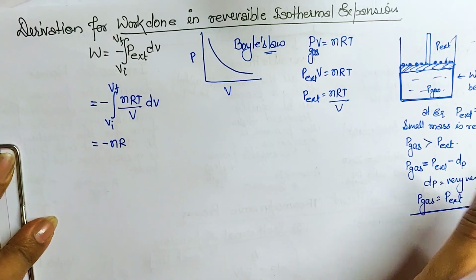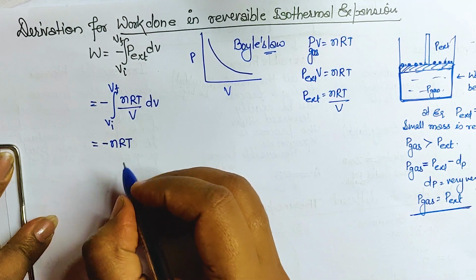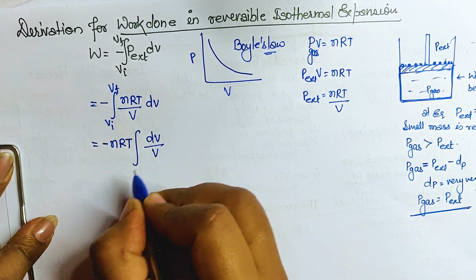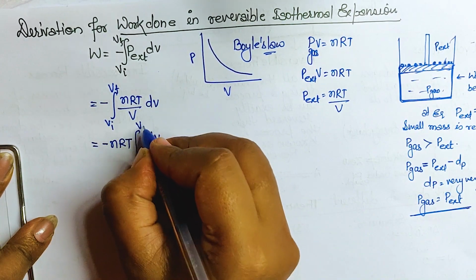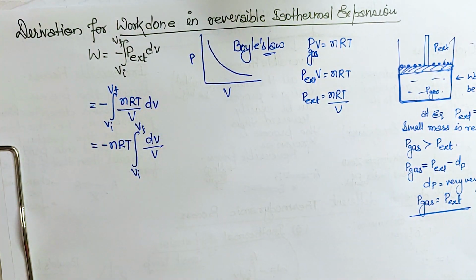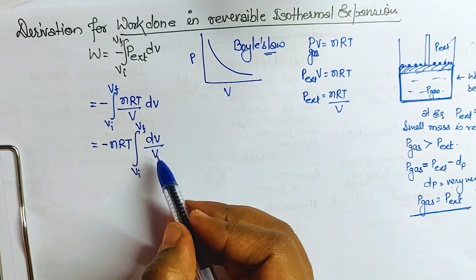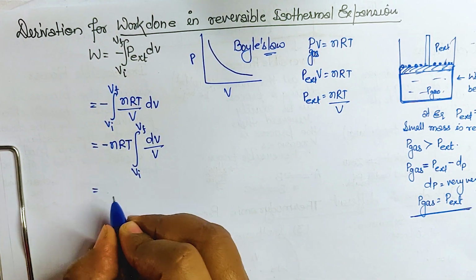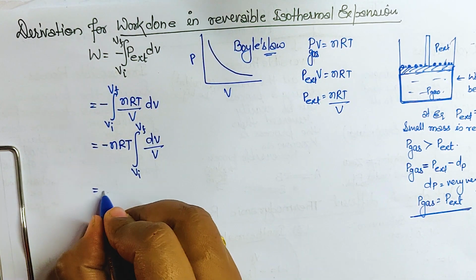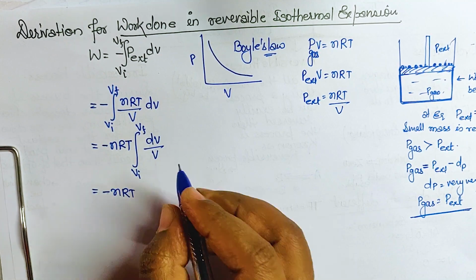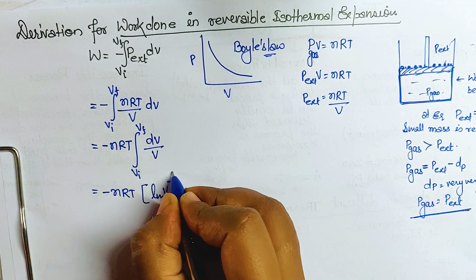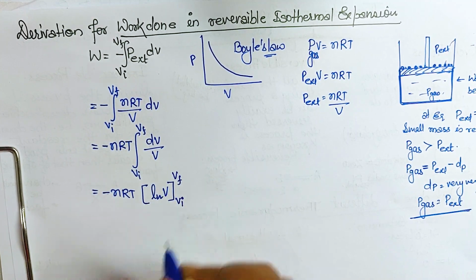So T also comes out. What is left is dV upon V, with the lower limit Vi. In that integration you have done, it comes out as ln V, the natural logarithm of V, between V final and V initial.